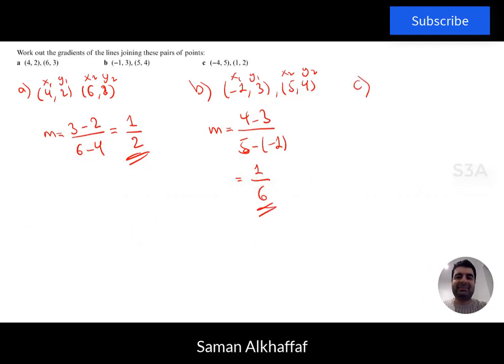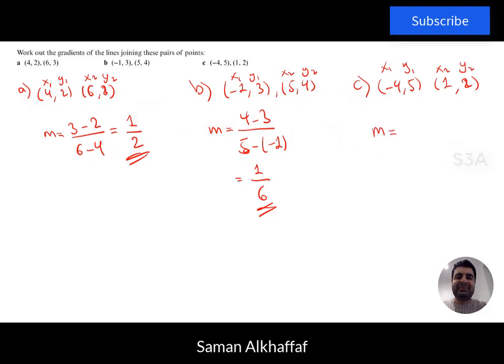In this example, the first point will be (-4, 5) and the second point is (1, 2). So we have x1, y1, x2, y2.